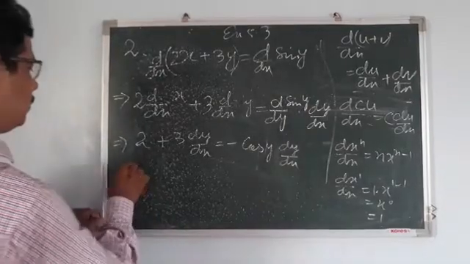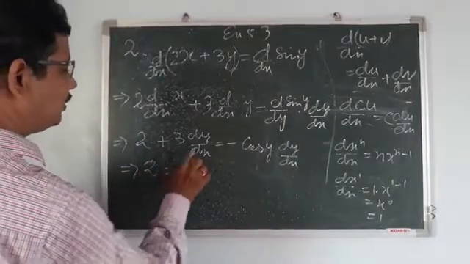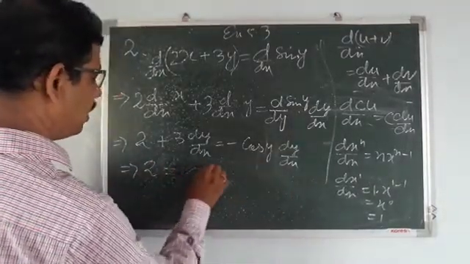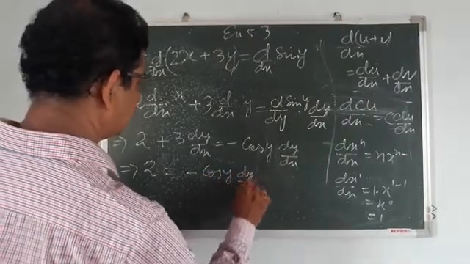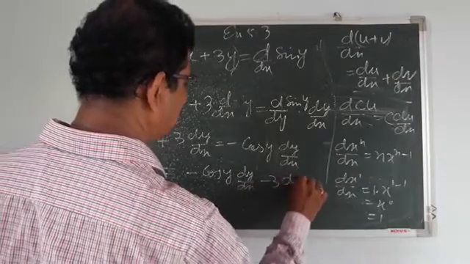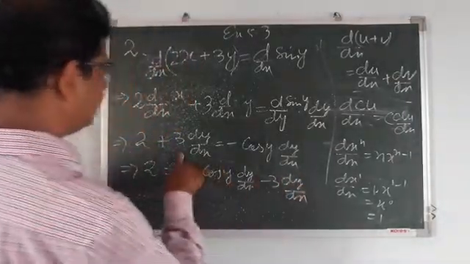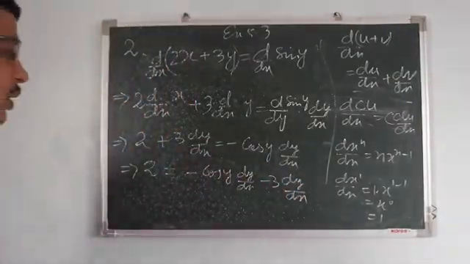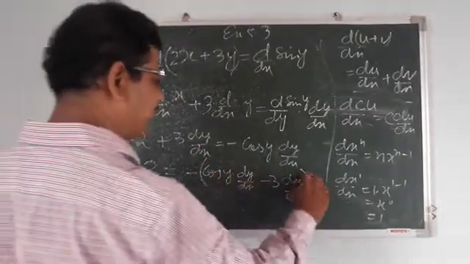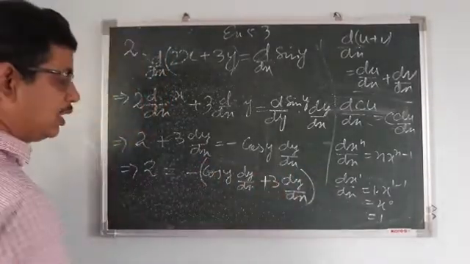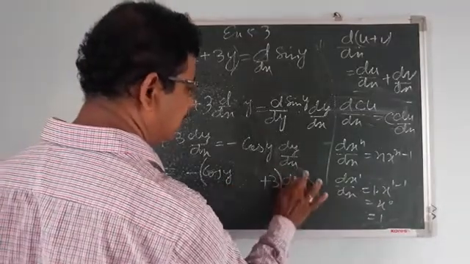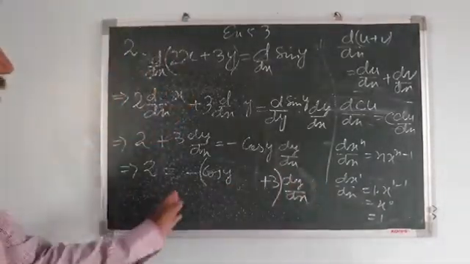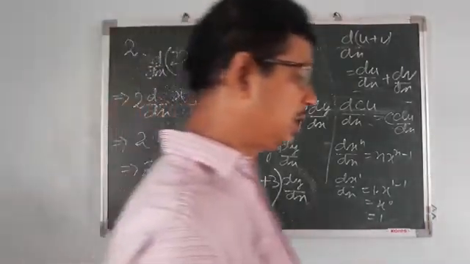Now, what we will do? We will take this also in that side. Minus cos y dy/dx minus 3 dy/dx. I have taken this term also that side. Now, if we take dy/dx common, then it will be like that.